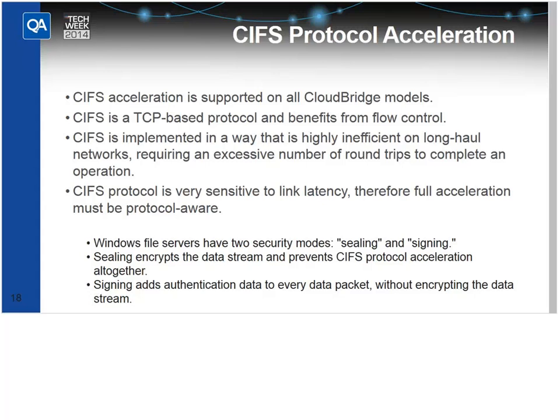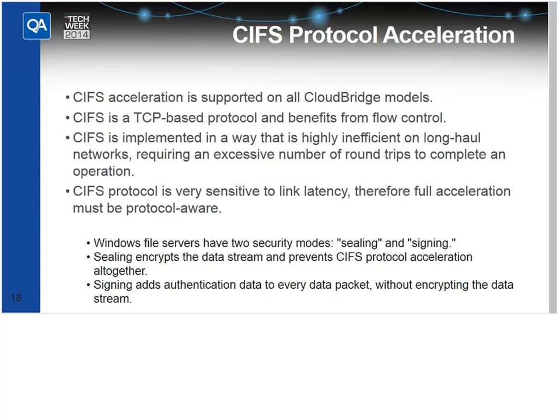So with protocol acceleration, basically what we do is we can preempt that data. We can request the first initial 64K of data, and then the CloudBridge device can say, well, the next subsequent packets are these ones. The next ones that I know it's going to request are these ones. So I'm going to jump forward, predict what that data is going to be, and grab it and pull it back.